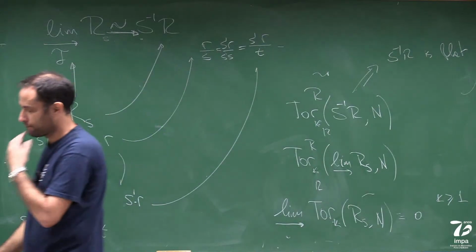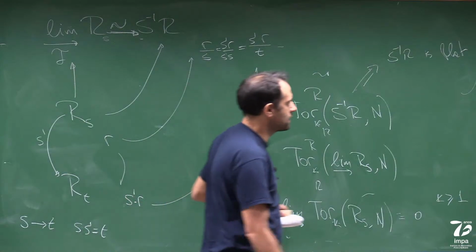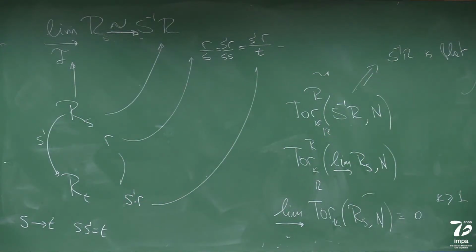Okay, so we've checked that open embeddings are flat maps. Zariski open embeddings are flat maps.